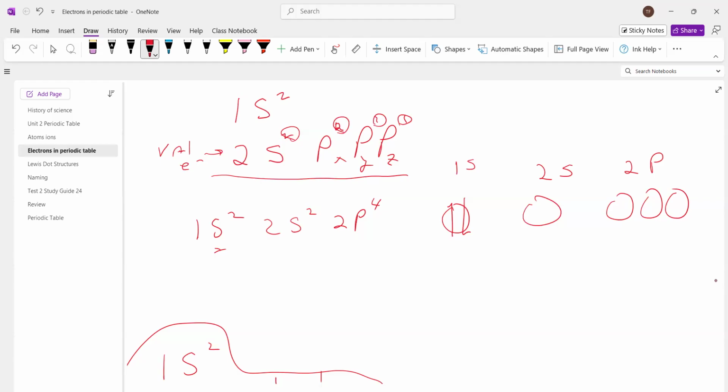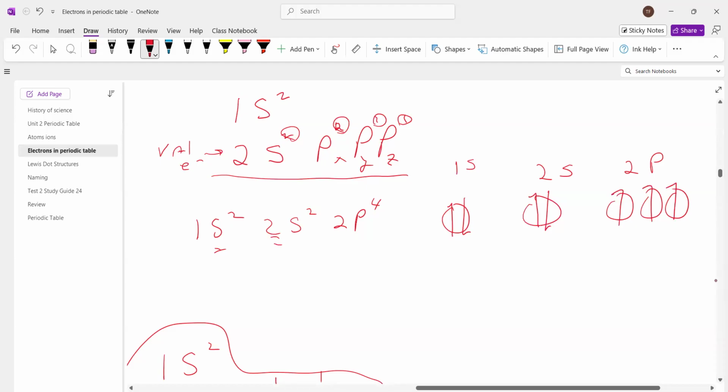Okay, so 2 electrons goes in shell number 1. 2 electrons go into shell number 2. We're just following this here. And then we've got 4 electrons in the p's. Now, when we have multiple suborbitals, the way we're going to fill them is 1, 1, 1.